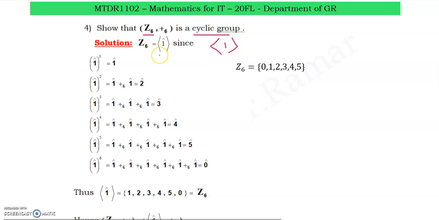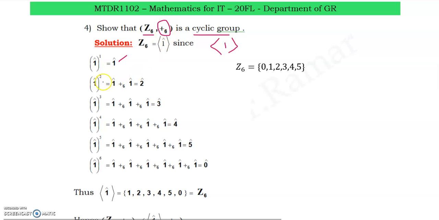So now we will check. You see number 1, and then you put here power 1, which means you write the element 1 time. Now 1 power 2, you write the element 2 times, but here this power 2 means not multiply the number 1 with 1. No, it's not like that. See here, what is the binary operation? Here the binary operation is addition modulo 6.